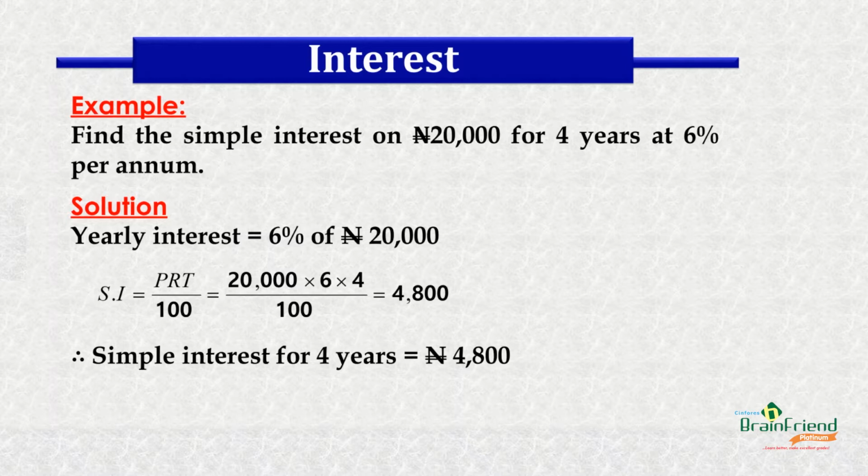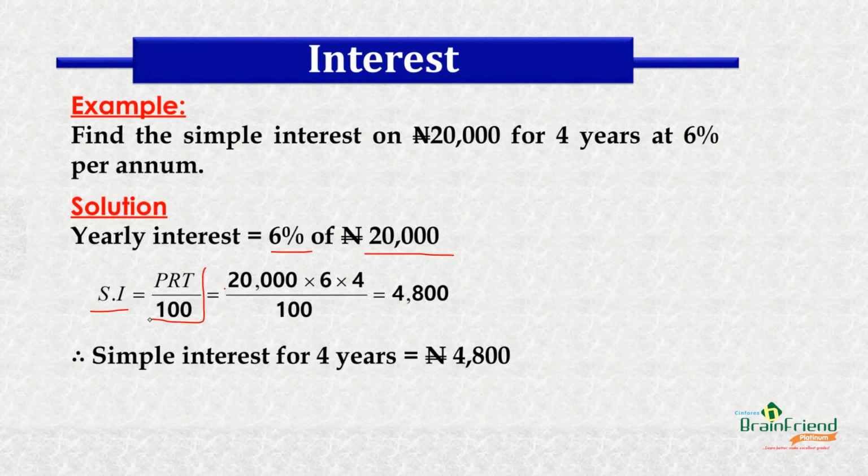We have yet another example. It says, find the simple interest on 20,000 naira for 4 years at 6% per annum. Now, to solve that, we need to find out what 6% of 20,000 naira is. We are going to use our formula SI, that stands for simple interest, which is equal to principal times rate times time all over 100.